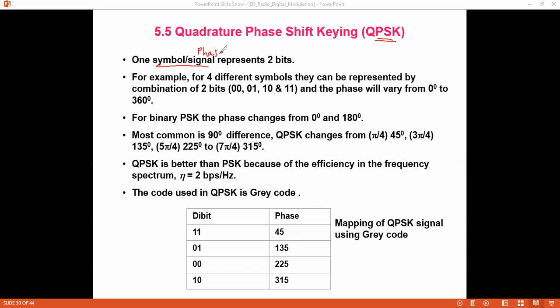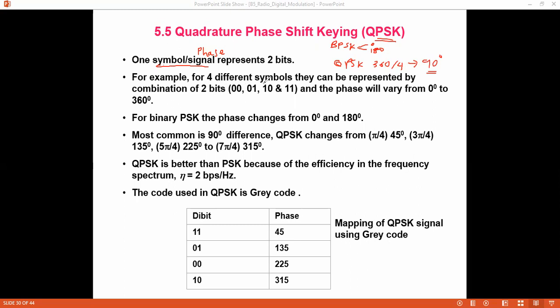So each phase is represented by 2 bits. In BPSK before, we used 0 and 180 degrees. With QPSK, the 360 degrees is divided by 4 symbols, so the difference will be 90 degrees.